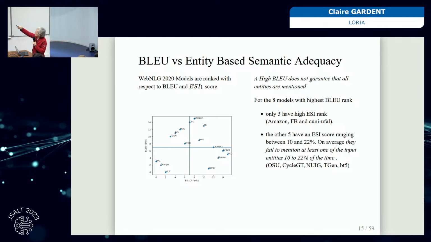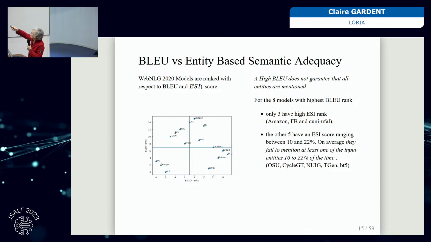The top part of the picture gives you all the models that have the highest rank in terms of BLEU. And the right part of the picture gives you the models that are highest rank in terms of entity-based semantic inadequacy.